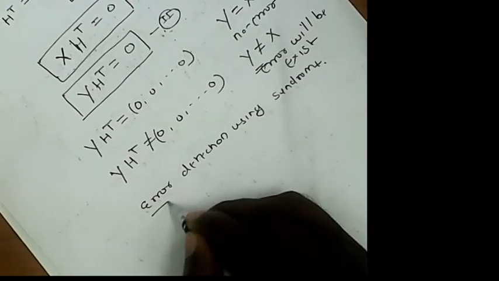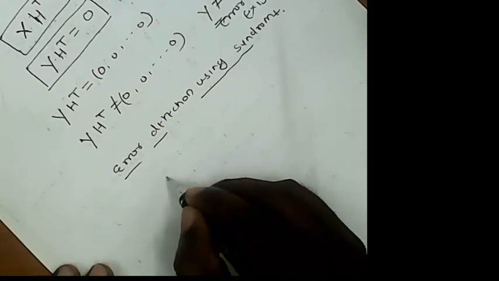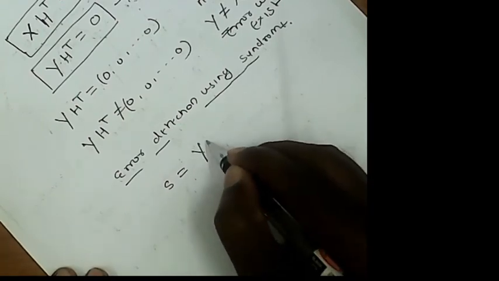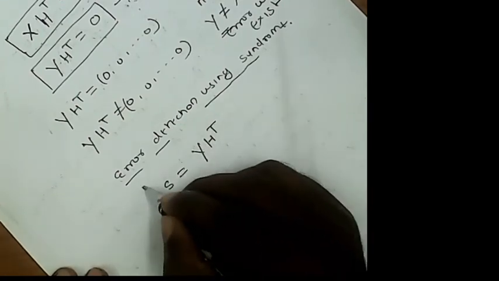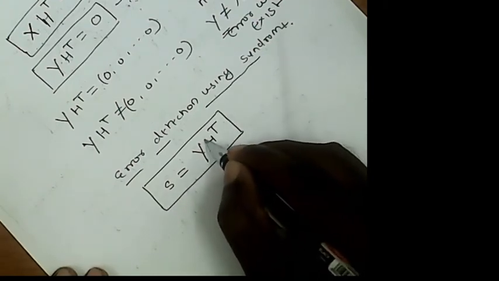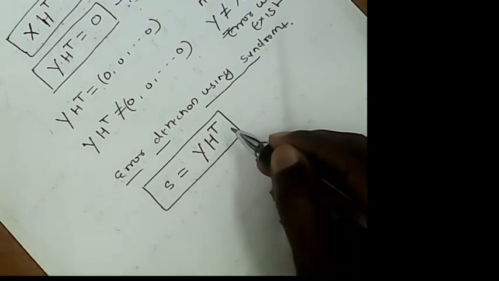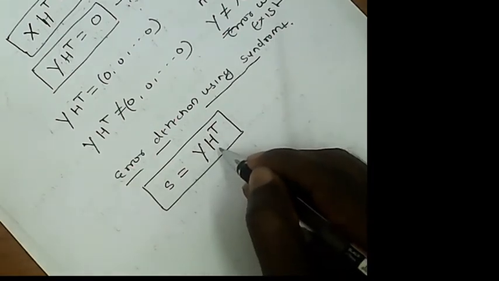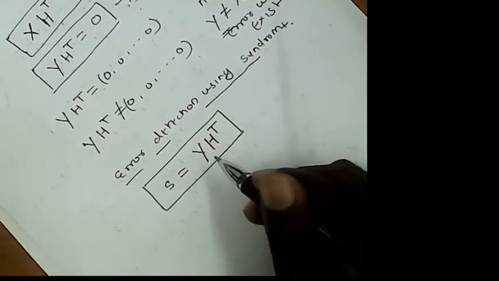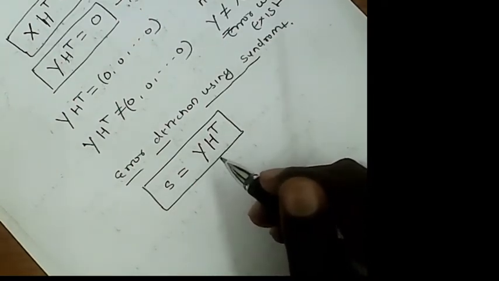The syndrome can be defined as S is equal to y × H^T. So this is a basic equation. The syndrome is a product of the received code word and the transpose of the parity check matrix. That is called the syndrome.